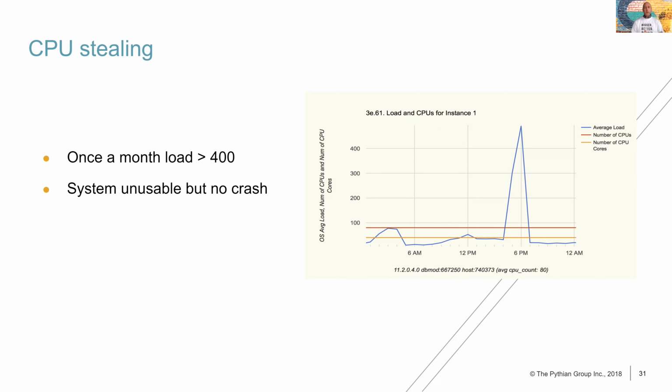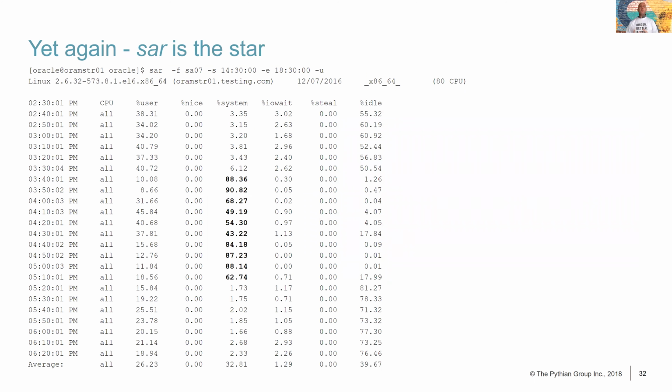The SQL, the workload, everything didn't change, but it was tricky. What we found with SAR, again, our friend, is that during the problem we had this huge system percentage of CPU usage, which typically means that the kernel is doing something, and we don't know what it is. But this points to the problem sitting outside of the database, not inside the database.